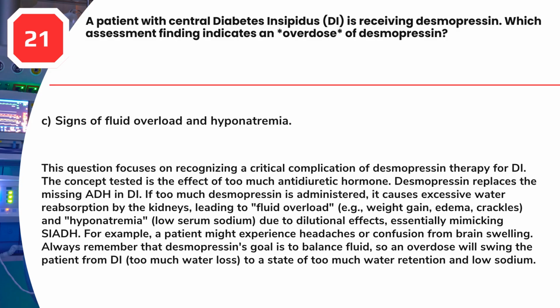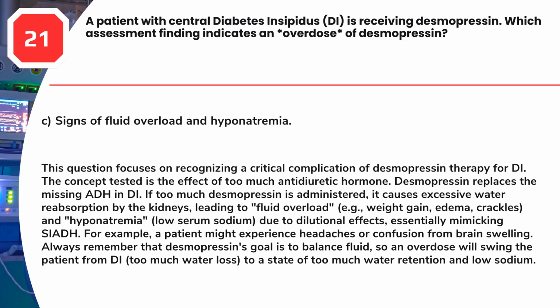Answer: C. Signs of fluid overload and hyponatremia. This question focuses on recognizing a critical complication of desmopressin therapy for DI. The concept tested is the effect of too much antidiuretic hormone. Desmopressin replaces the missing ADH in DI.